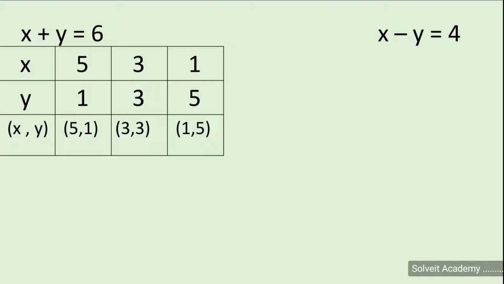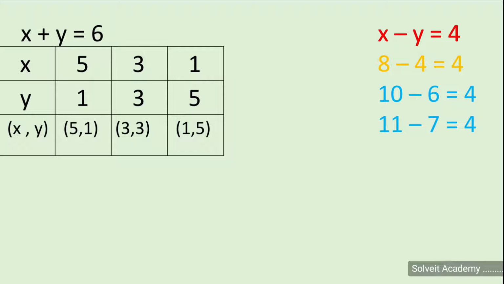In case of x minus y equal to 4, we can write some values similar to the case of x plus y equal to 6. We have written 8 minus 4 equal to 4, 10 minus 6 equal to 4 and 11 minus 7 equal to 4, and many more we can write.